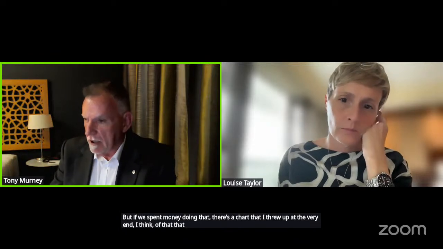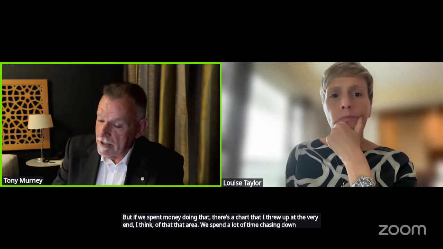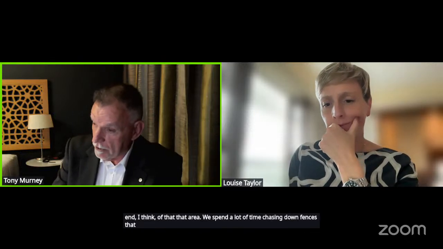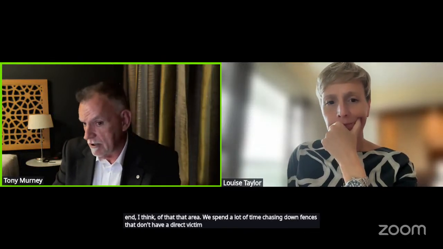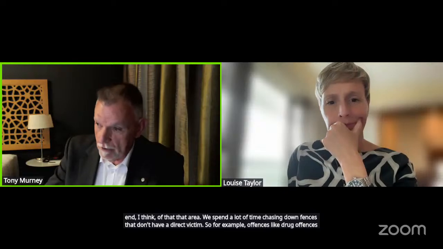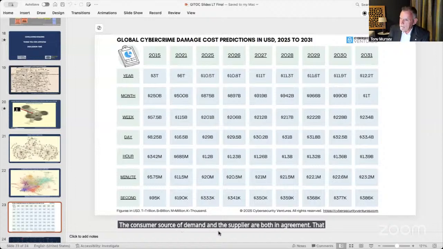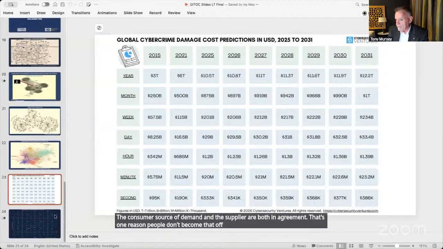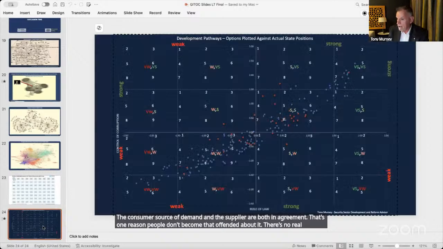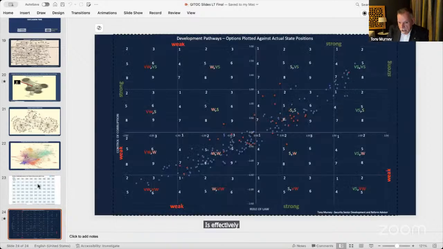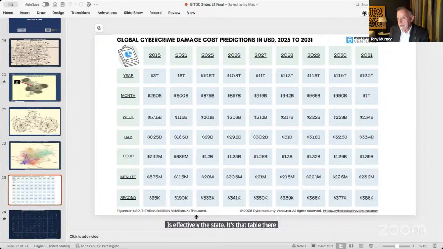We spend a lot of time chasing down offences that don't have a direct victim. So, for example, offences like drug offences, the consumer, the source of demand, and the supplier are both in agreement. That's one reason people don't become that offended about it. There's no real victim. The victim, by law, is effectively the state. It's that table there that you've got that precursor on.